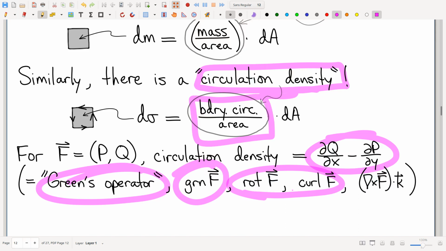For whatever it's worth, I am a little bit uncomfortable with calling it curl, because y'all recall, we've already seen something called curl. It was 3-dimensional. It was a vector valued thing. It was not this formula. Didn't even really look all that much like this formula.